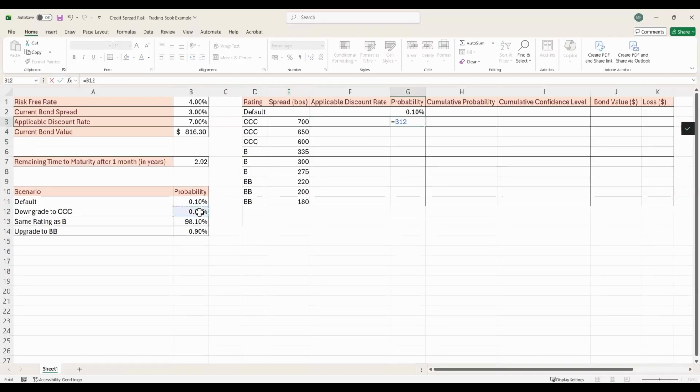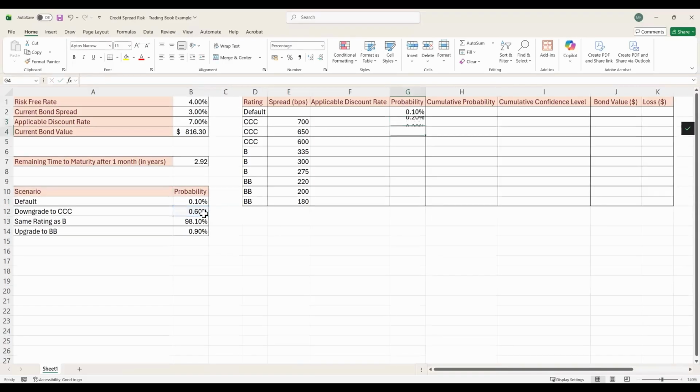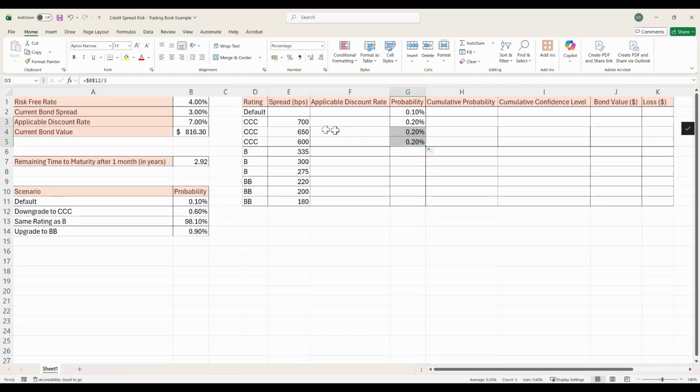Okay, so since all three of them will use the same B12, that is 0.6%, I'll keep this as constant and I'll divide it by 3. Okay, so I get 0.2% for this scenario. And of course, by that extension, 0.2% for these two sub scenarios as well.